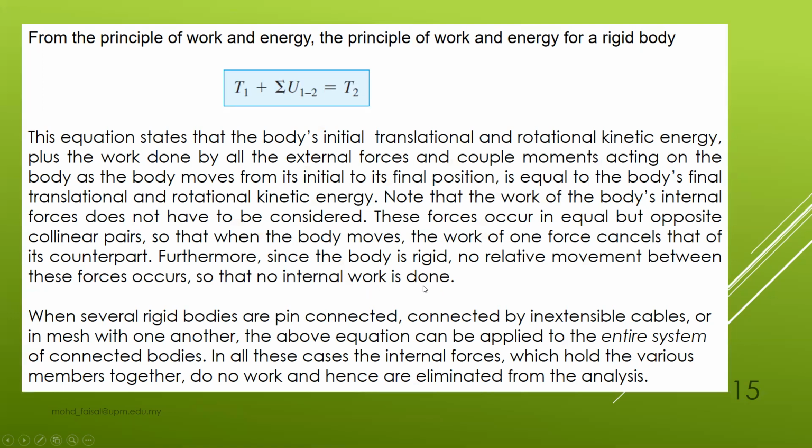This is one of the assumption. When several rigid bodies are connected by inextensible cables or in mesh with one another, the above equation can be applied to the entire system of connected bodies. In all these cases, the internal forces which hold the various members together do no work, and hence are eliminated from the analysis.